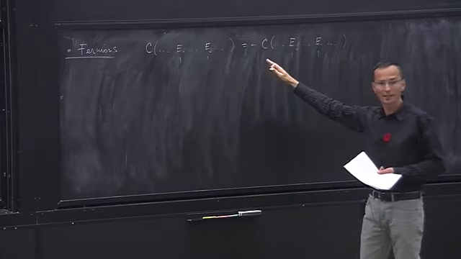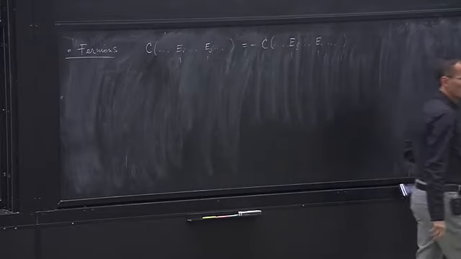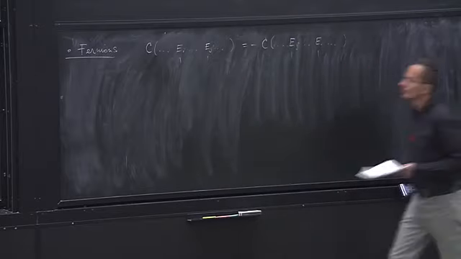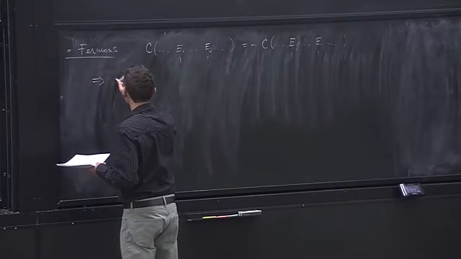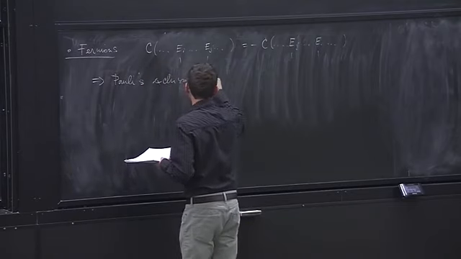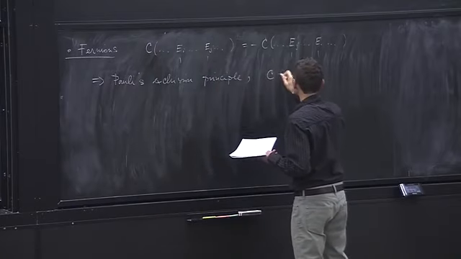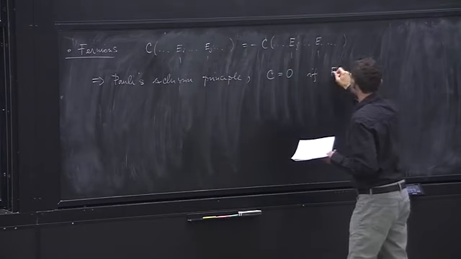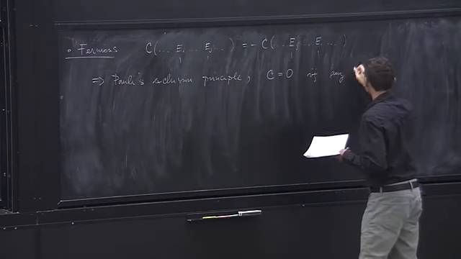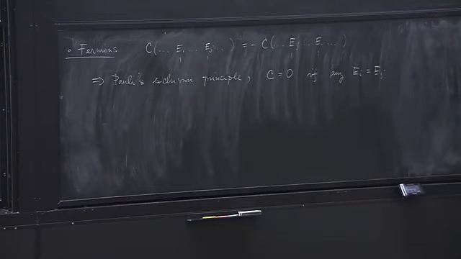The argument remains the same. Everything remains the same. But the coefficient is equal to minus itself, which is only possible when it's identically 0. So this immediately leads to the Pauli exclusion principle. Namely, that this coefficient C is 0 if any E_i is equal to E_j, meaning no two fermions can be in the same state, right? And we know that from elementary quantum mechanics.